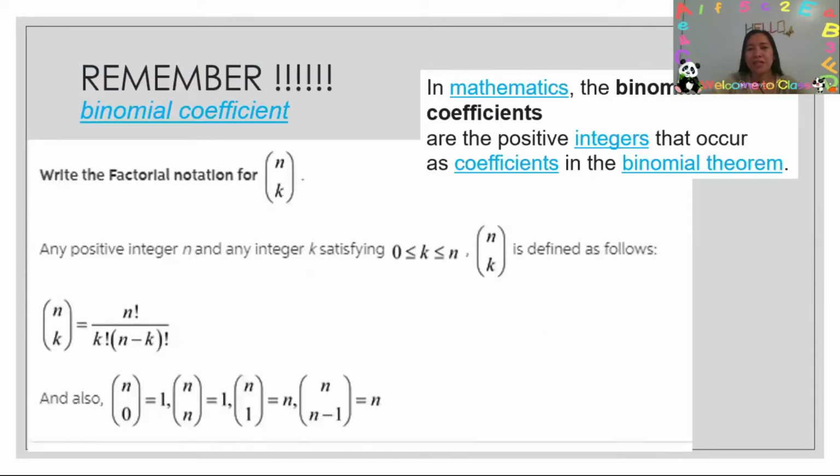But before that, always remember the binomial coefficients. In mathematics, the binomial coefficients are the positive integers that occur as coefficients in the binomial theorem. So we have here a binomial coefficient n and k.